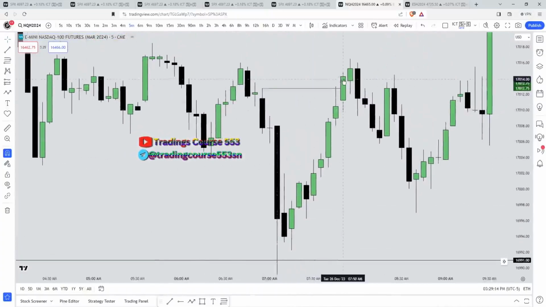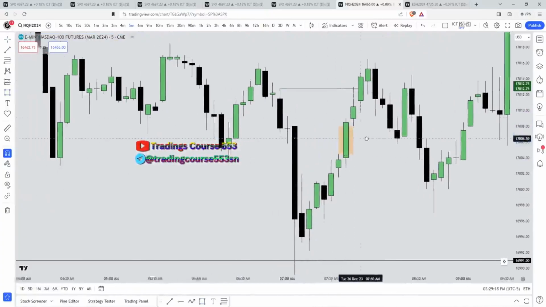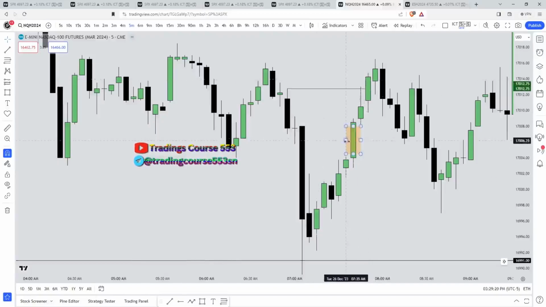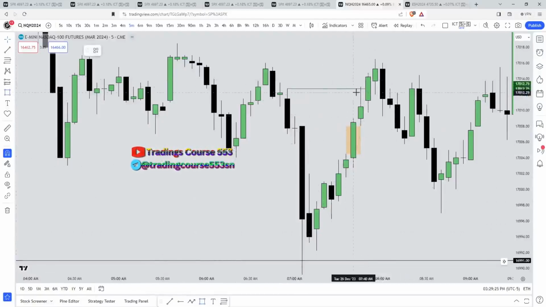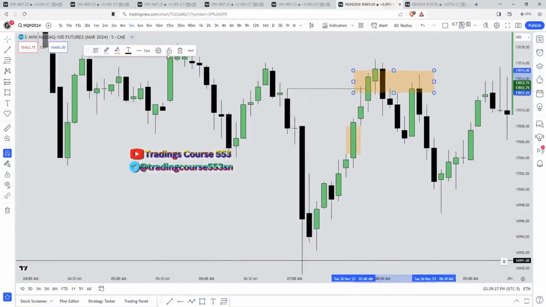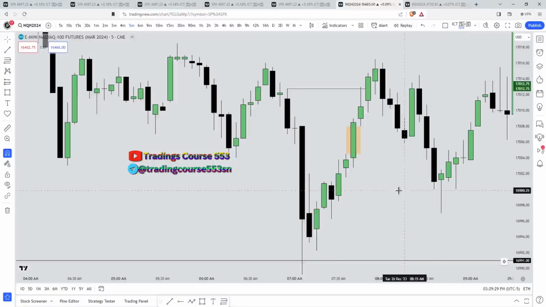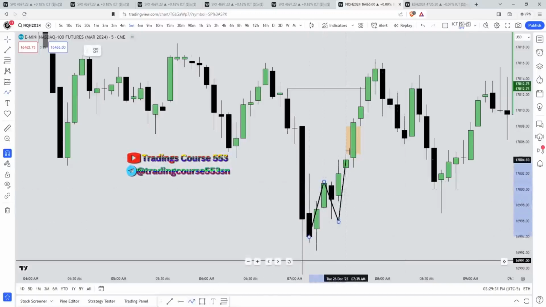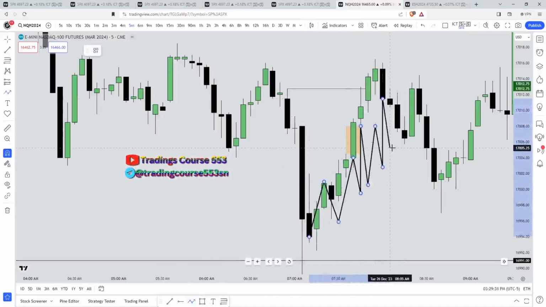If price closes above that, which it does right here, and creates a fair value gap in the price leg from low to high, again, it either needs to create the fair value gap in this price leg, or it needs to be kind of like overlapping up in here. The reason is that if it's just constantly chopping around, moving back and forth, you're going to see this.